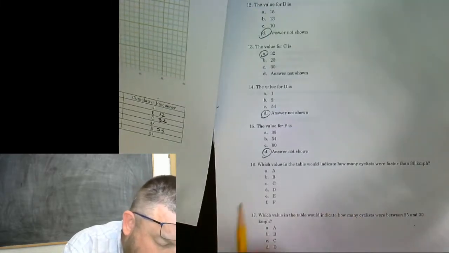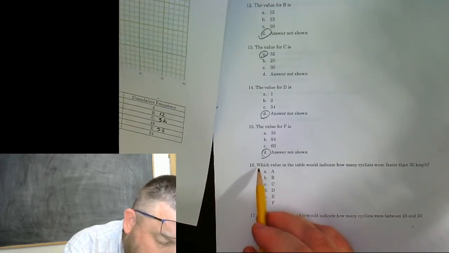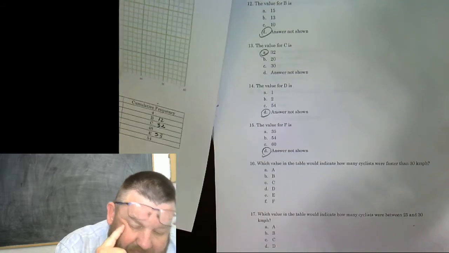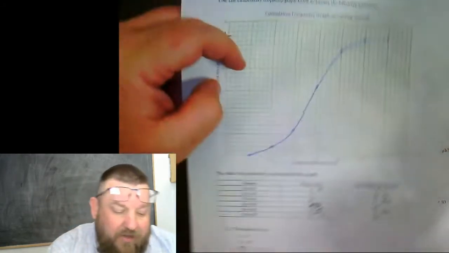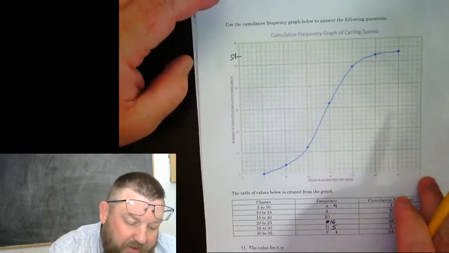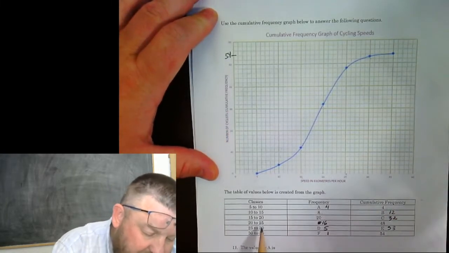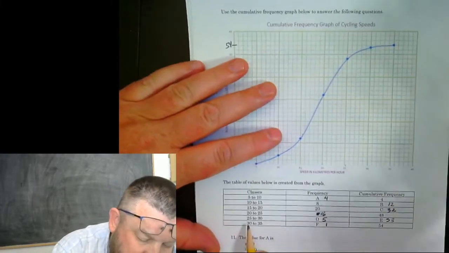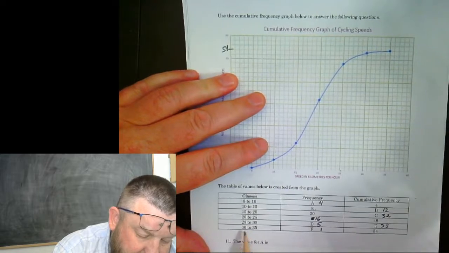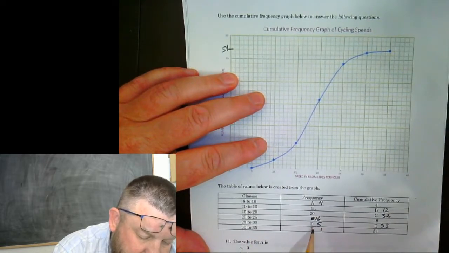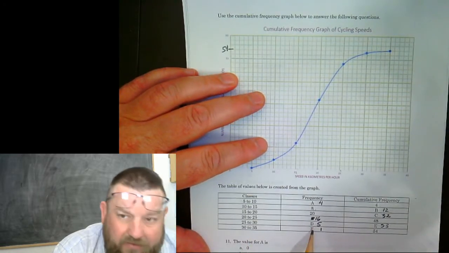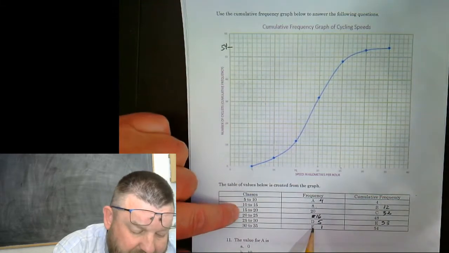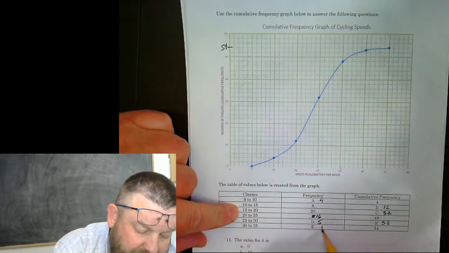And for 16, which value on the table would indicate how many cyclists were faster than 30? So let's check this out. Faster than 30, so more than 30. Well, that actually would be this right here. Now, this is kind of a tricky question because if it said faster than 20, it would actually be all of these added up.